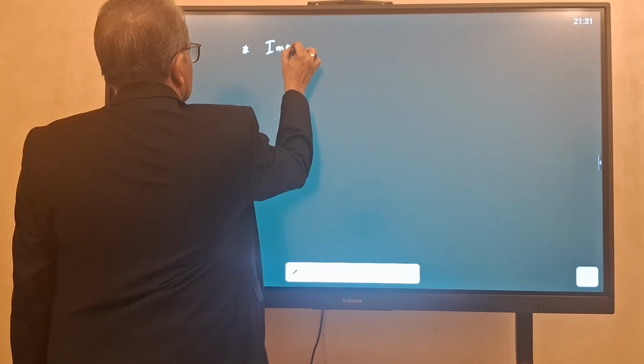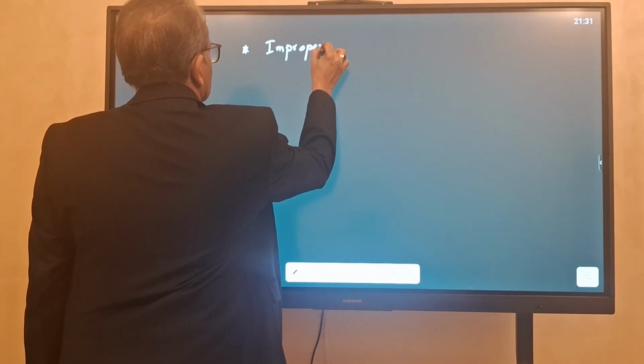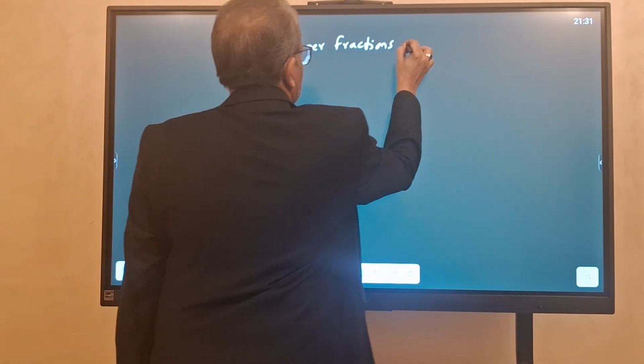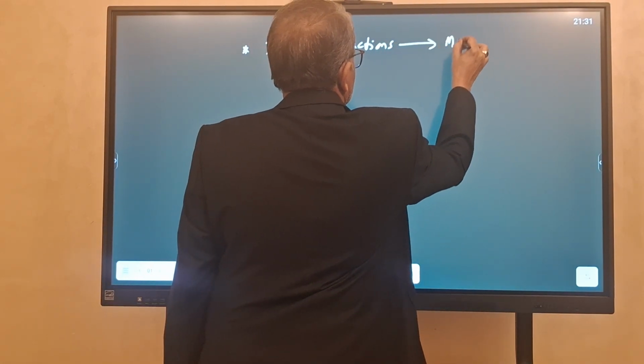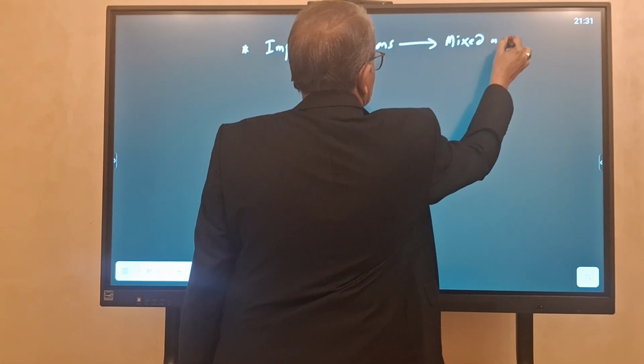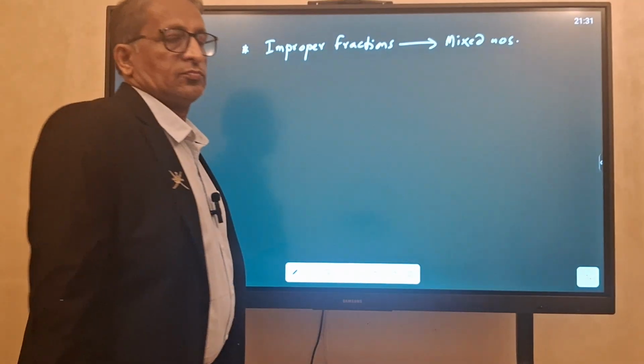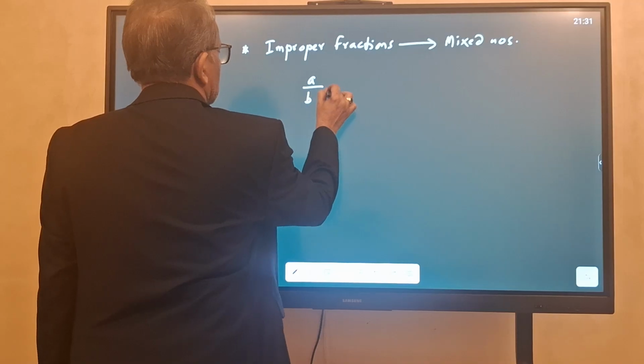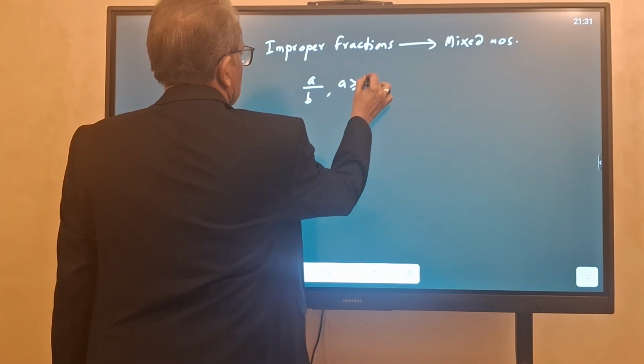Improper fractions we can convert to mixed numbers. What are the improper fractions? A by b with a greater than or equal to b.